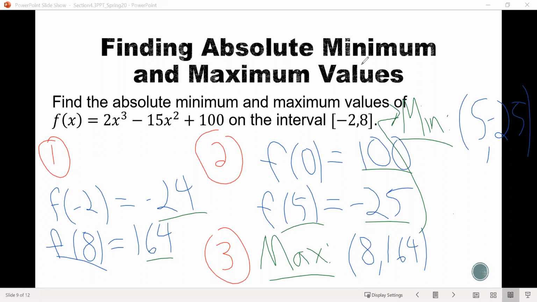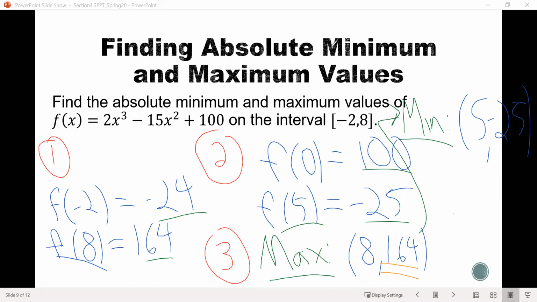Okay? Now, a couple of things I want to point out about this. So we found, first of all, for the max, that the point where that happens is 8, 164. Now, if we were trying to figure out what is the maximum value that the function achieves over this interval negative 2 to 8, well, the answer to that would be 164, right?